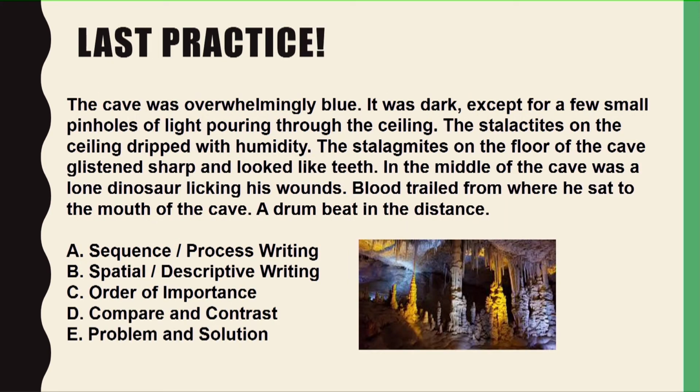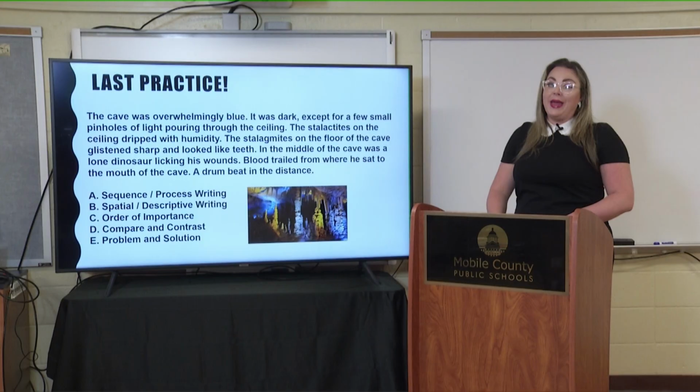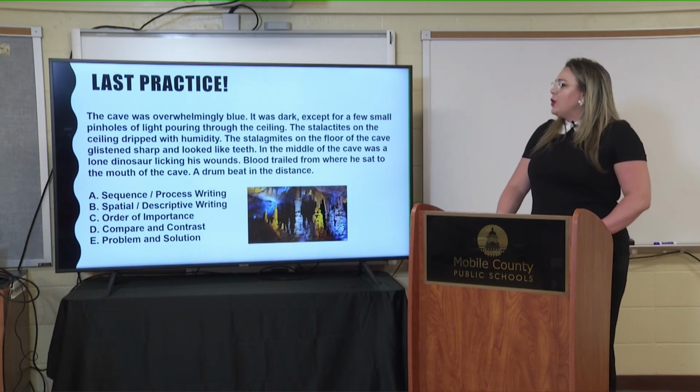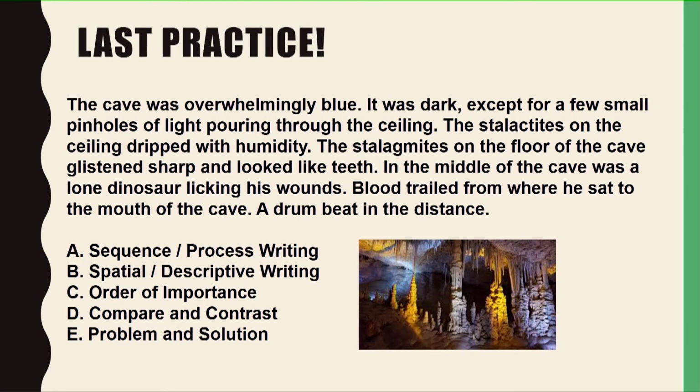All right, guys, we are on our last practice. Y'all are doing an amazing job. Okay, here we go. The cave was overwhelmingly blue. It was dark, except for a few small pinholes of light pouring through the ceiling. The stalactites on the ceiling dripped with humidity. The stalagmites on the floor of the cave glistened sharp and looked like teeth. In the middle of the cave was a lone dinosaur licking his wounds.